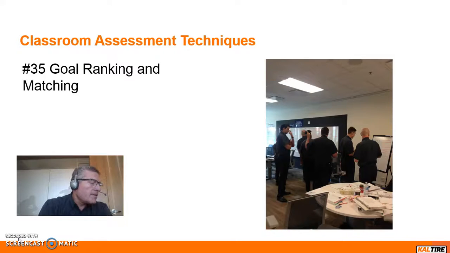And then this goal ranking matching I use at the first morning of the class after our introductions and our safety walk through the office and everything here. And what this does for me is it allows me to know the content that I need to cover, because these are the main challenges that the students are having.